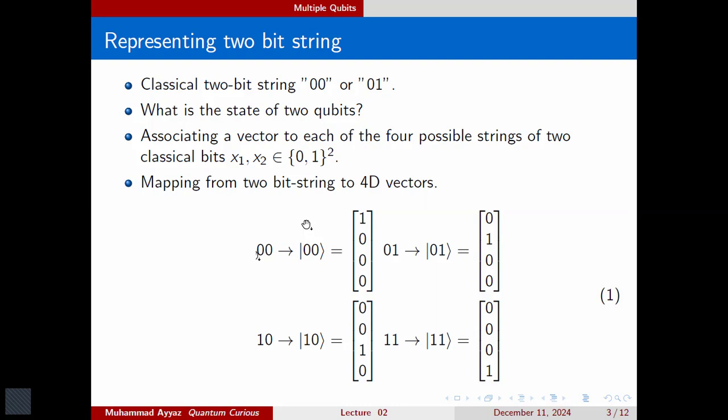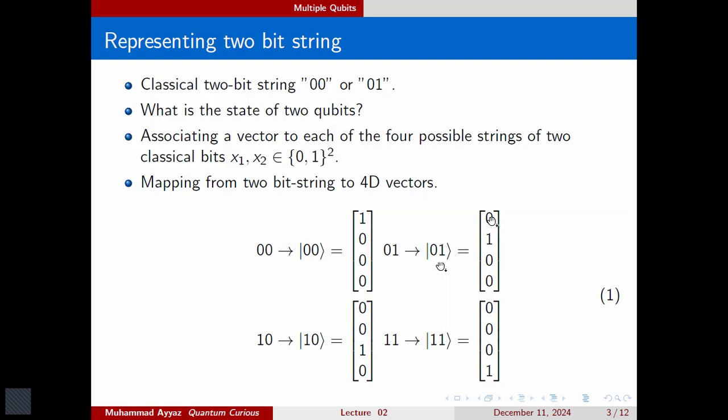So we have the state vector |00>, and in the column vector form it can be described as the four-dimensional vector (1, 0, 0, 0). Similarly, |01> can be described in the column vector form as (0, 1, 0, 0).